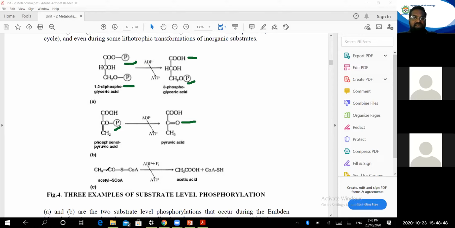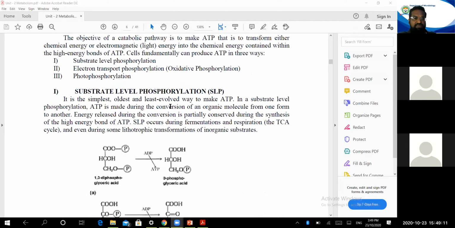When it is broken down, phosphorus is removed, it couples with ADP and becomes an ATP molecule, and the resultant molecules are acetic acid and coenzyme A. So this is the substrate level phosphorylation carried out for synthesizing ATPs.